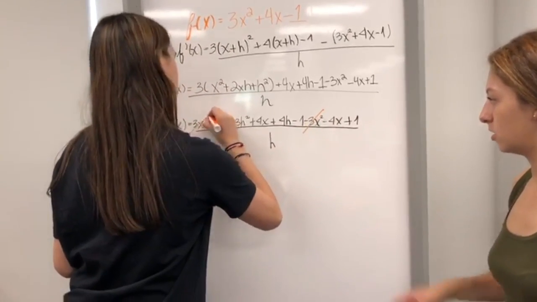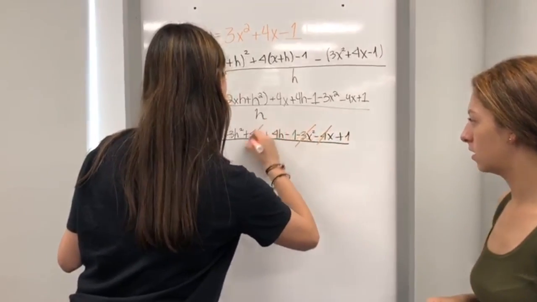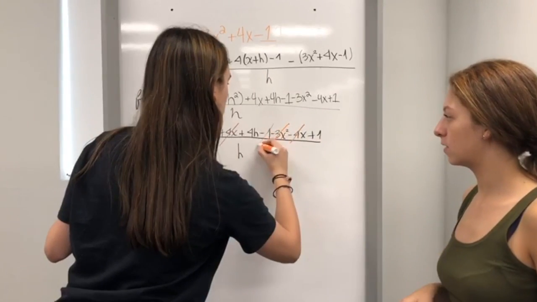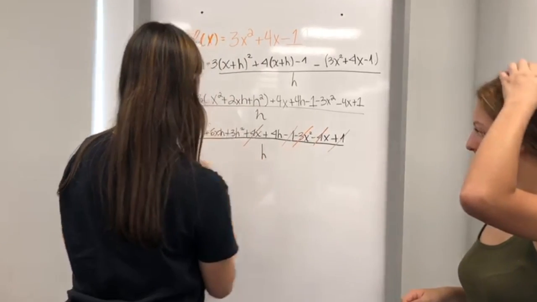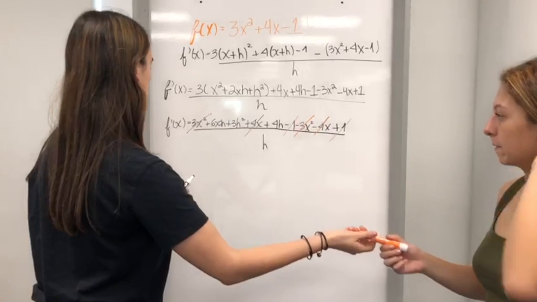Then, when you have multiplied all the parentheses, you should cross out all the numbers that have positive and negative and are the same. For example, in this problem, you should cross out 3x² and −3x².